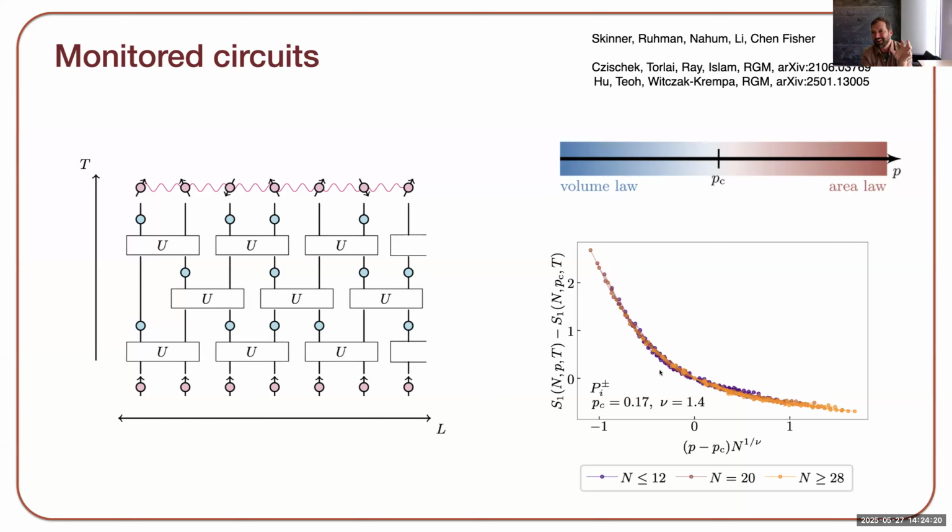I find this fascinating here because in monitored circuits, which I just hopefully convinced you can be realized in ion trap hardware, we can realize quantum phase transitions that don't exist in nature. The universality class of this quantum critical point isn't something that you would realize in a material or in matter or in a magnetic system or something like that.